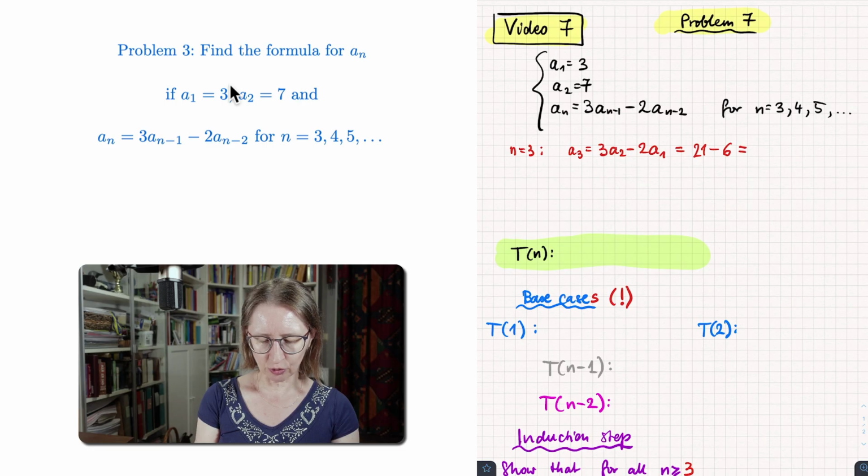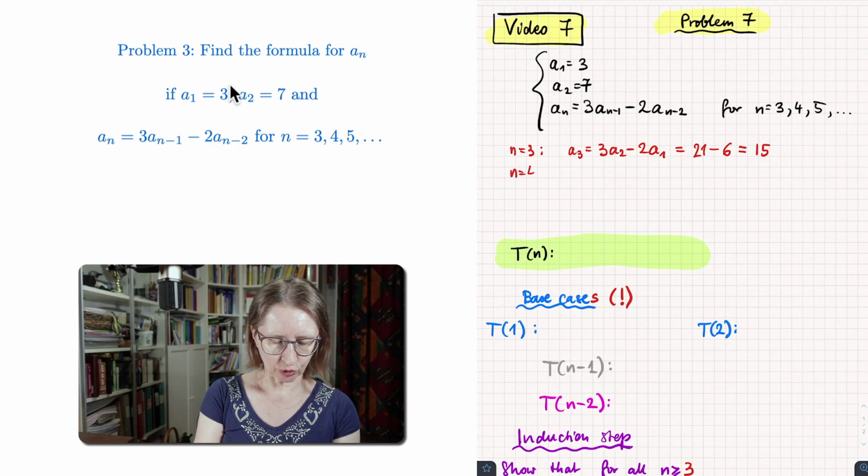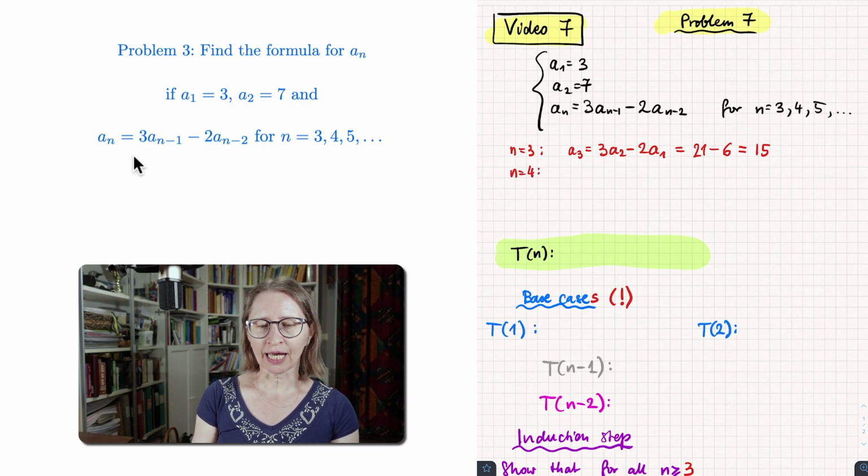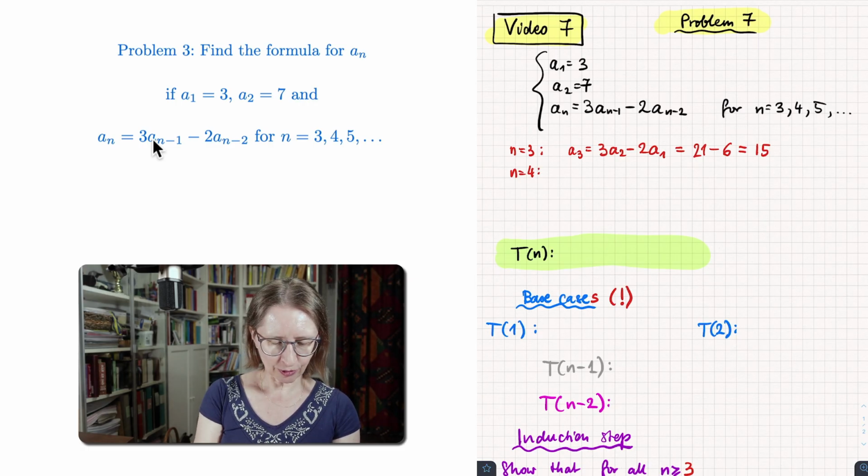So altogether we have 21 minus 6, it is 15. Then we can try n equal to 4, and again we apply the same definition, but this time with n equal to 4. So we will get a_4 is equal to 3 times a_3 minus twice a_2.